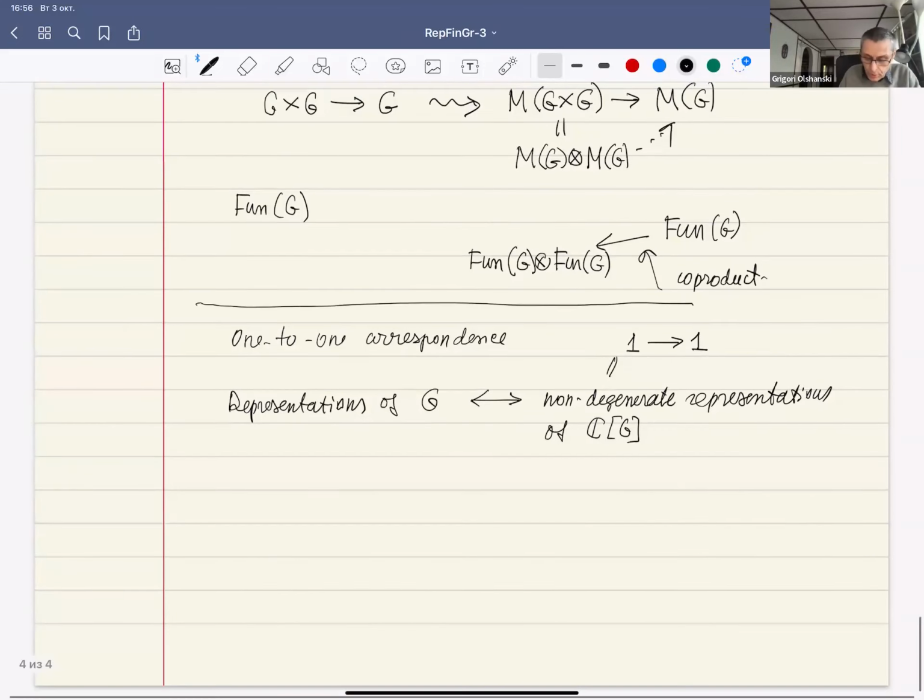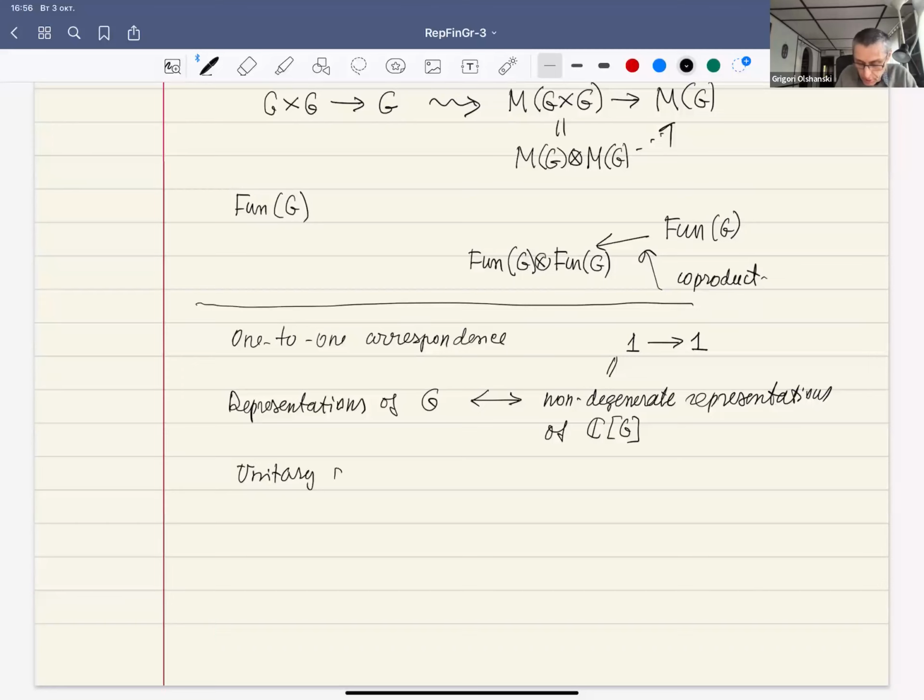And moreover, if you have unitary representations, and we know that essentially all representations are unitary with respect to a suitable scalar product, so we can think about unitary representations only.